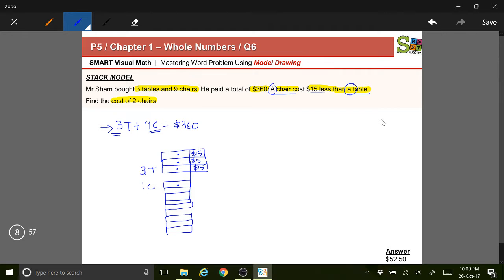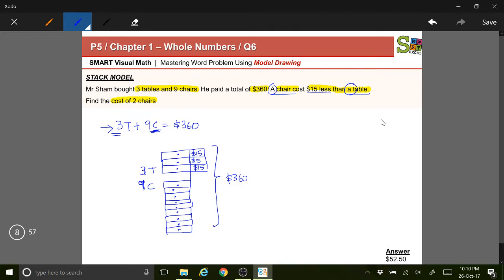Yes, 9. Okay, so all of this is equal. We change this to 9 chairs.